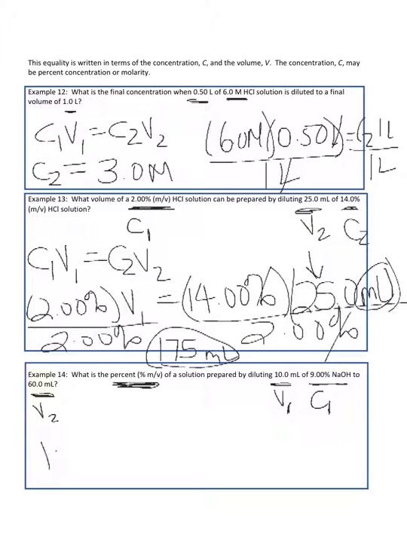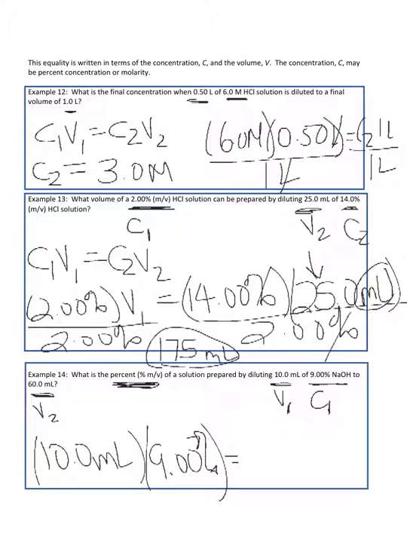So our V1 is 10 milliliters. Our C1 is 9%. Okay. Our V2 is 60 milliliters. And our C2 is, we don't know. That's what we're looking for.